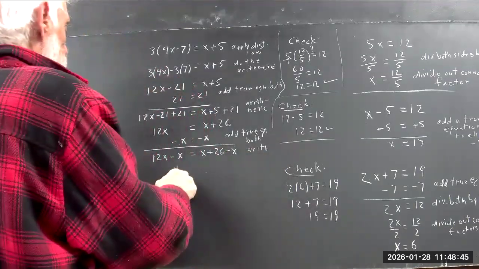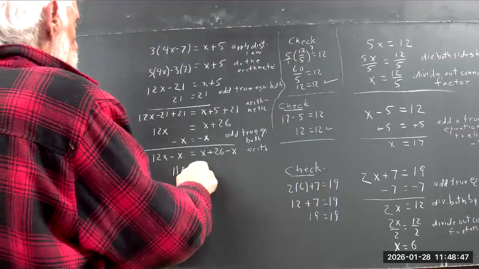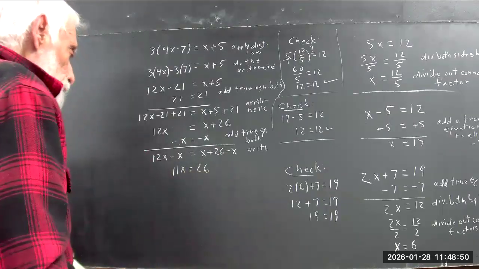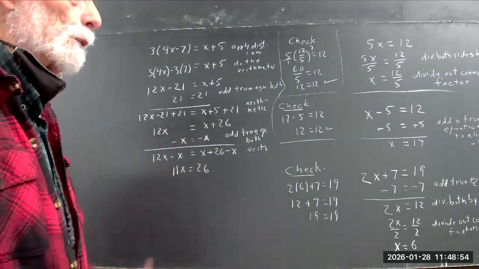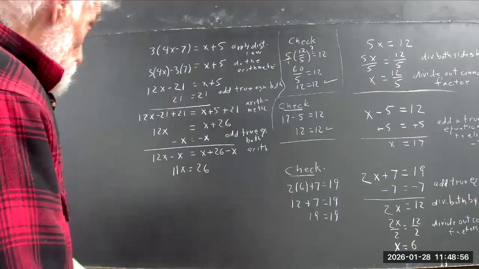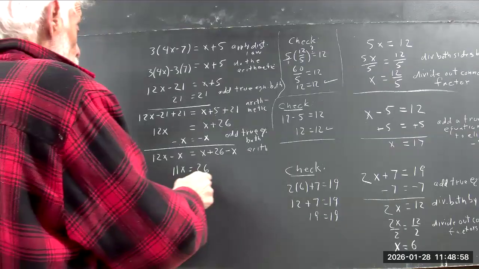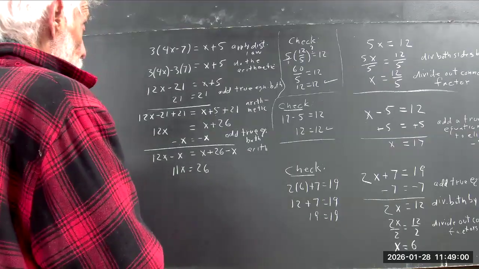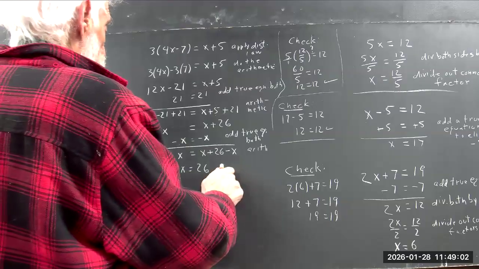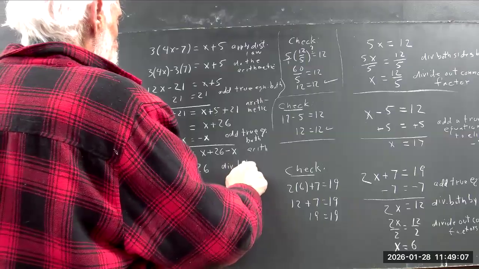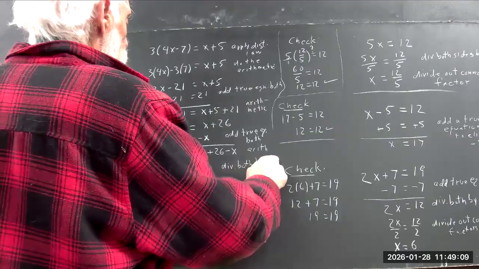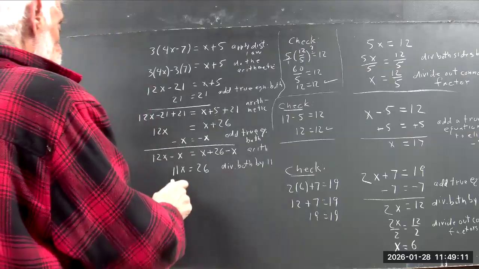And we get 11x equals 26. So it looks like we're going to get a solution that agrees with the solution everybody got to this problem. So 11x equals 26. We're now going to divide both sides by 11.